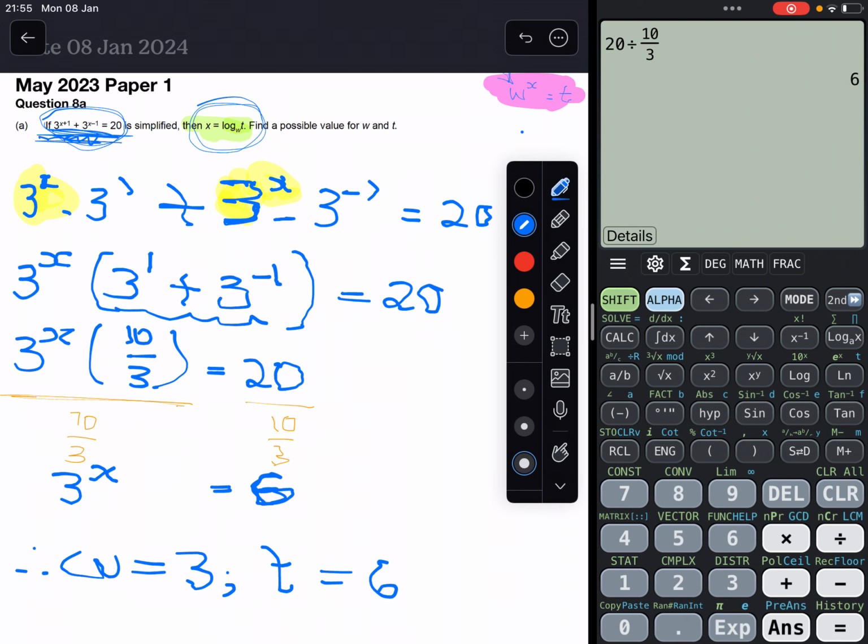Right, and the nice thing with algebra is that you can then test whether your values make sense. In many algebra questions this is possible, right? So what we have discovered is that x is equal to log base 3 of 6.